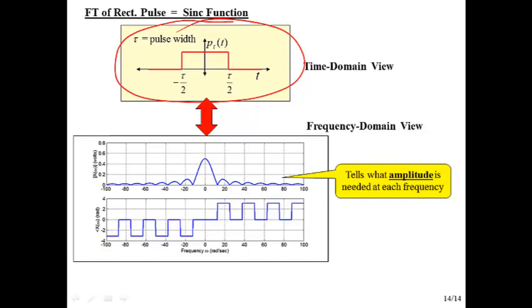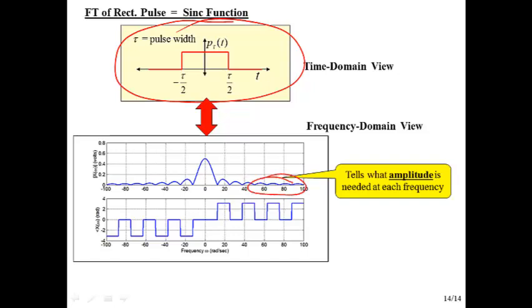So what this plot is telling us is that at frequencies down below like 10 radians per second, we have quite a bit of content. But up here around 60, 70, 80, much less content, meaning we need less of those frequency components to create this signal. But nonetheless, we do have some components up there.